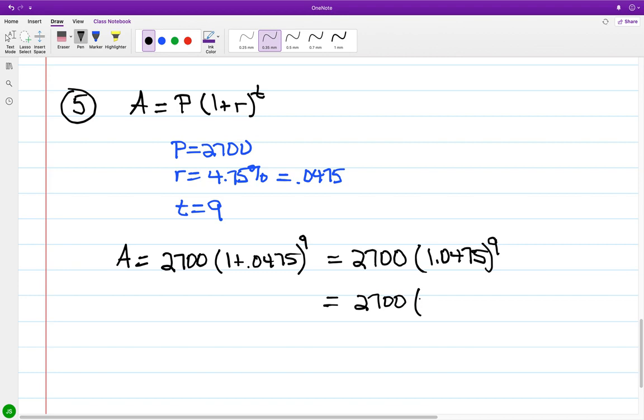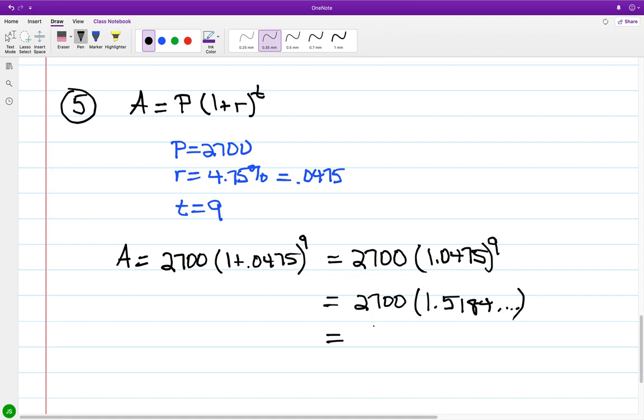So with this exponential base, you have 1.0475 taken to the 9th power, a little bit over 1.5, so you have 1.5184, just keeping the decimals, and then multiplying by 2,700.